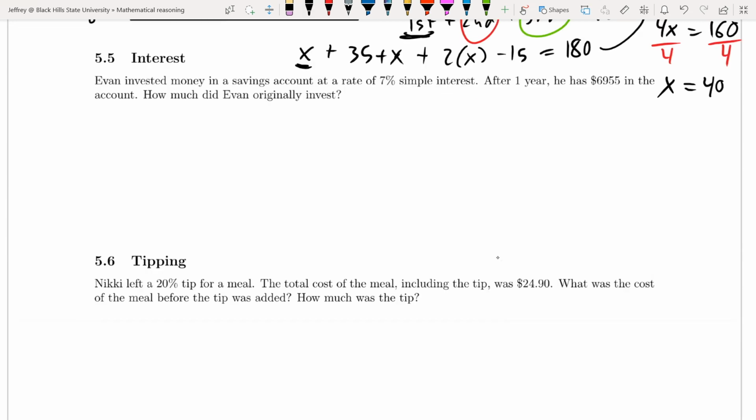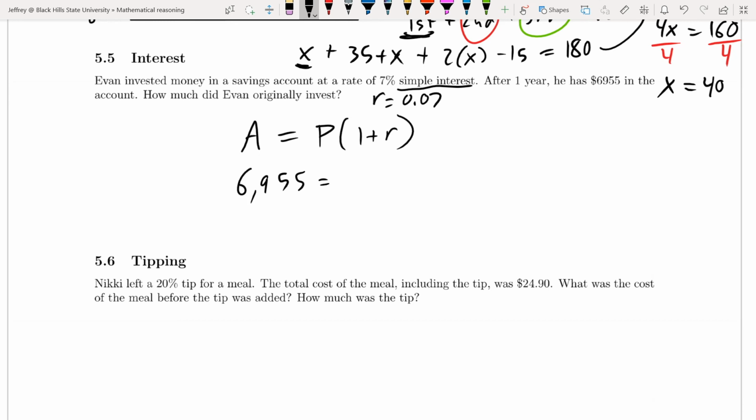So in this example, we're looking at interest rates again. However, we're just looking at the simple interest. A equals P times 1 plus R, and typically this would be times t, but in this case, we're only looking at it for 1 year. Plugging in what they give us, we have 6,955 equals P times 1 plus 0.07.